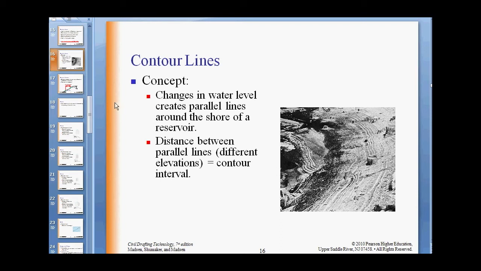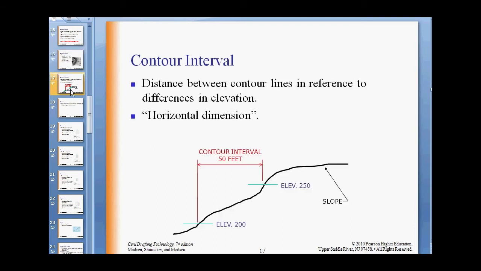So imagine contours as being similar to those rings. What the contours represent are the differences in elevation. And again, contours are nice round numbers, not numbers with change like 250.52. We want to see a 200, 240, 250. So you can see here what the contours represent.